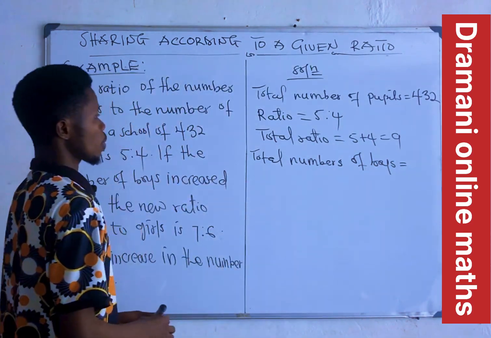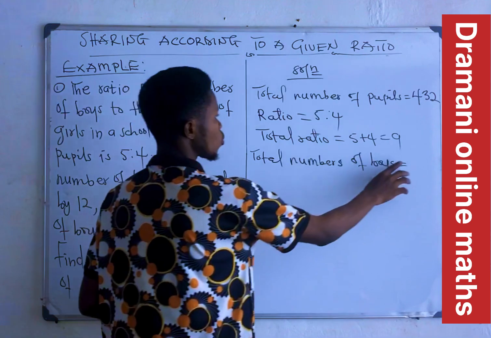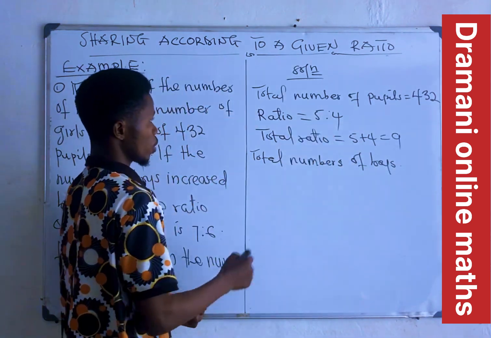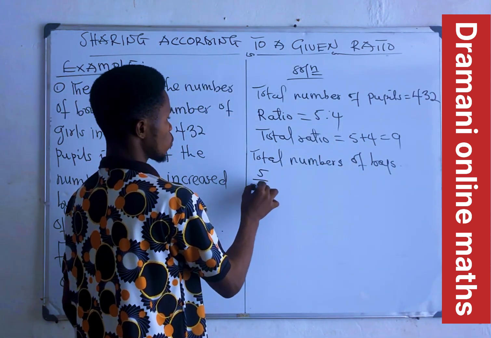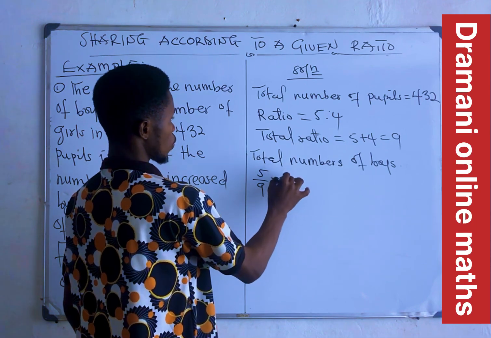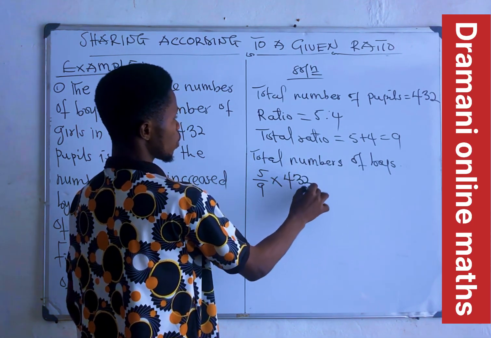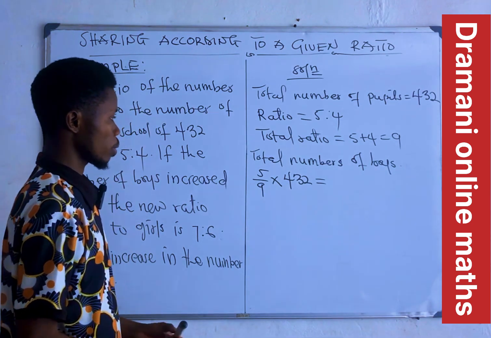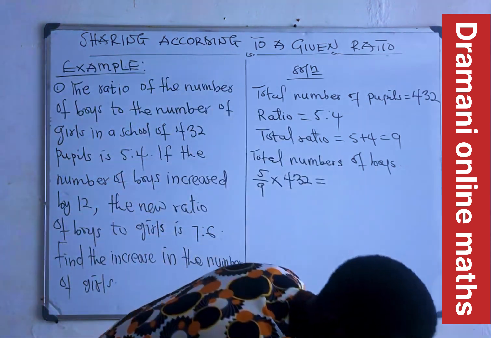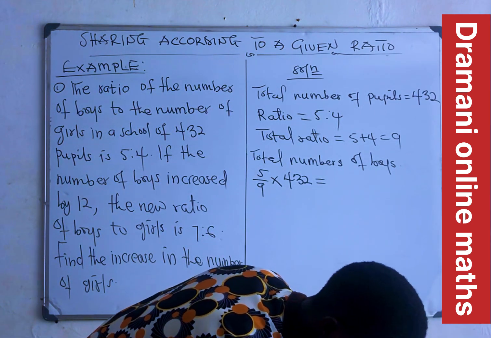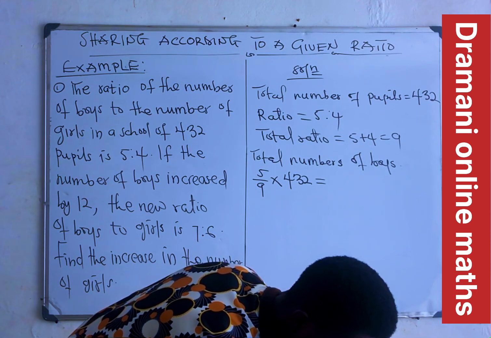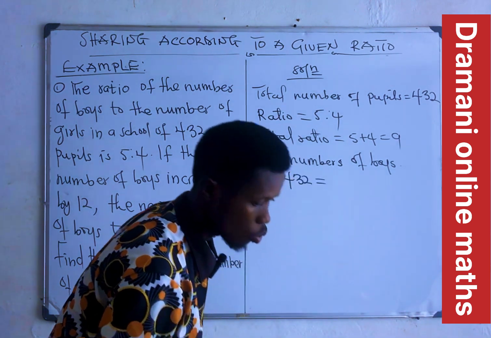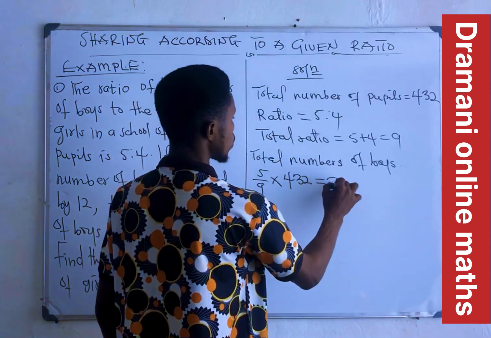If you want to find the total number of boys in the school, the ratio of the boys is 5 over the total, times the total number of students or pupils in the school, and this is going to give you, let me use my calculator, 240.